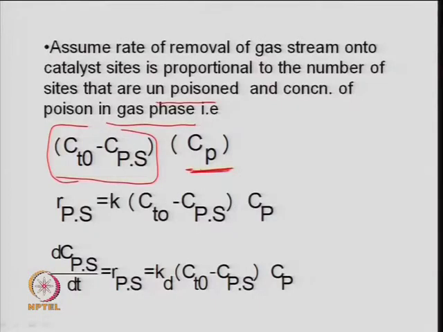So, this r_ps can be written in terms of dC_ps by dt, that is, how your catalyst is deactivating with time will depend on how the poison is adsorbing on the surface of the catalyst. So, the rate of adsorption of the poison precursor on the surface of a catalyst is equal to some constant K_d times C_t0 minus C_ps times C_p, right.